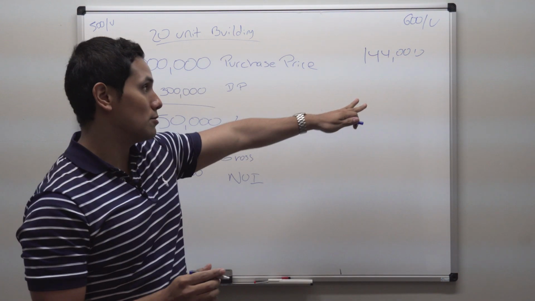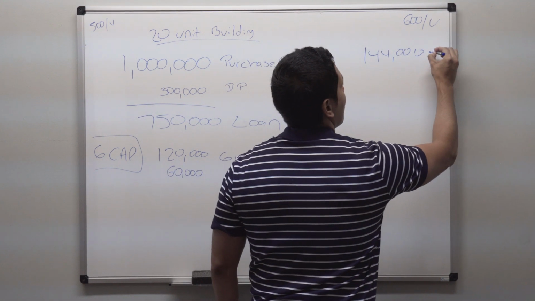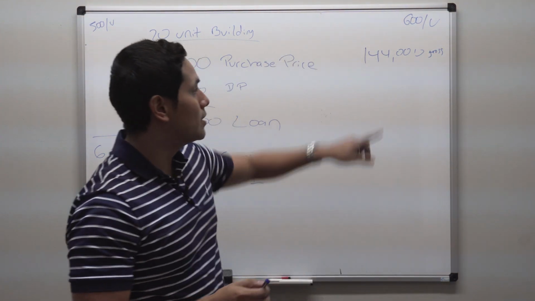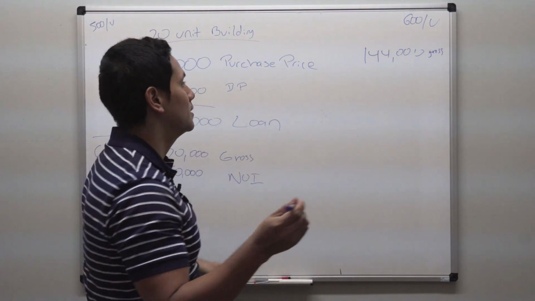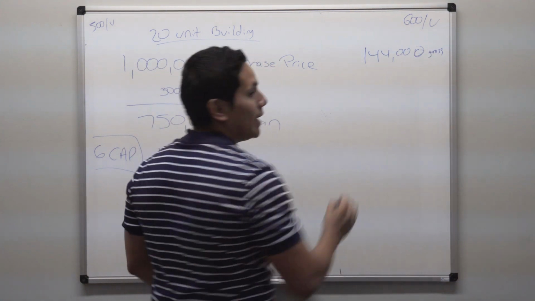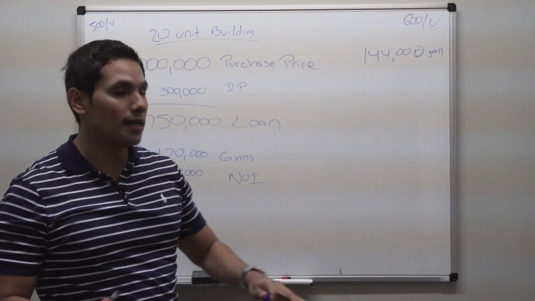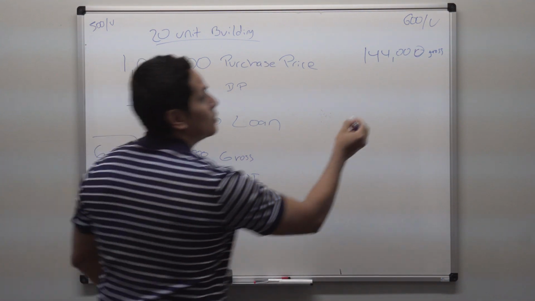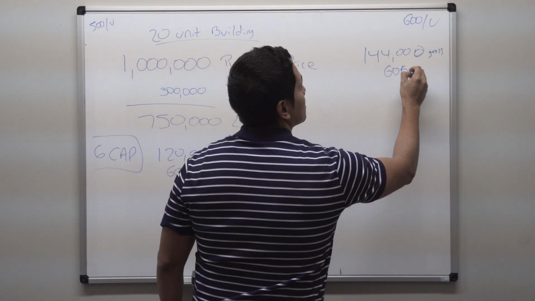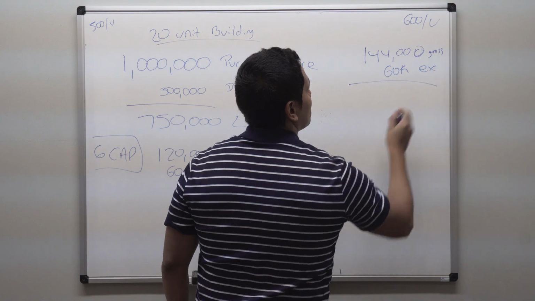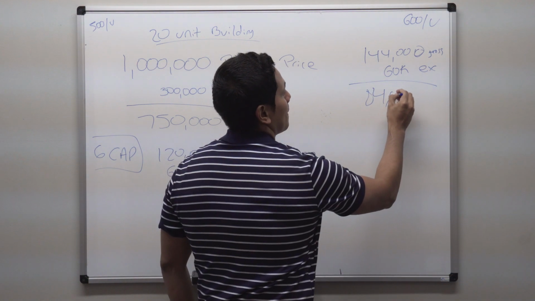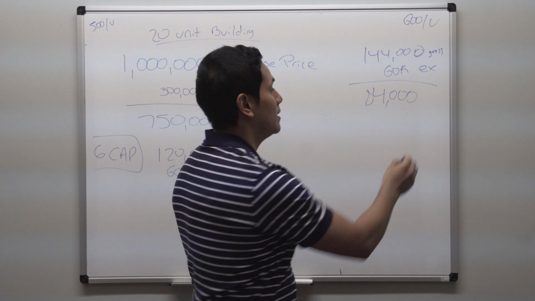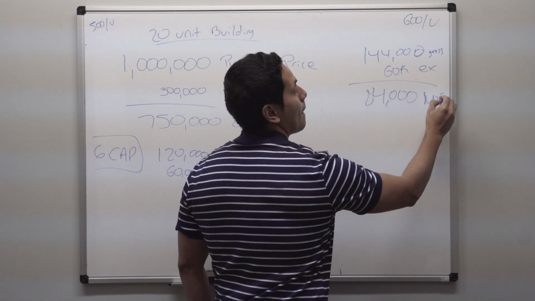That's going to be your new gross income. Now, we stated that your expenses were $60,000, using this example. So your expenses are going to be 60K, so you're going to have $84,000. This is going to be your new NOI.